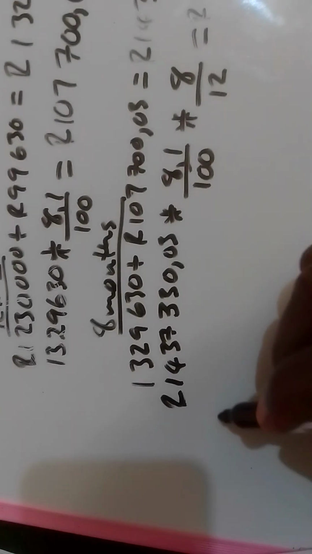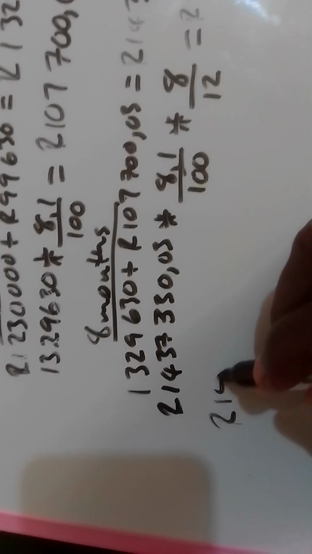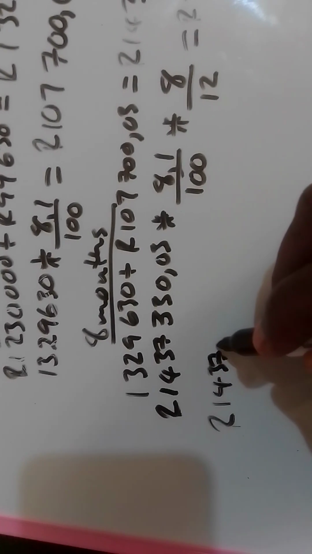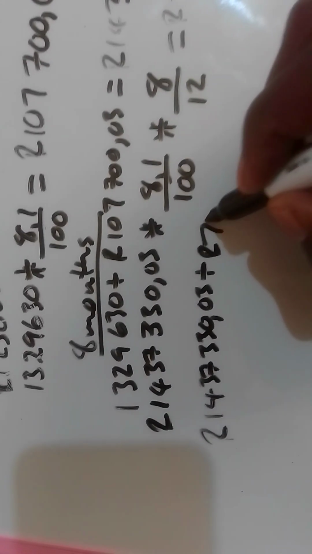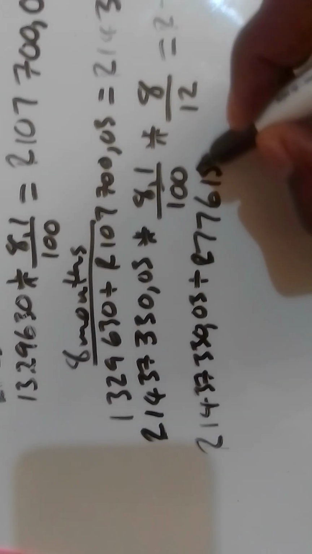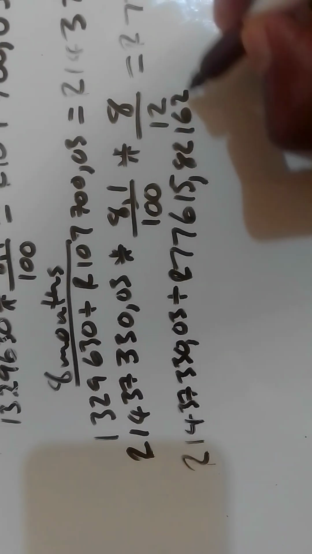Now I take this figure that he had at the beginning of the 8 months: 1,437,330.03 plus the 77,615.82162.